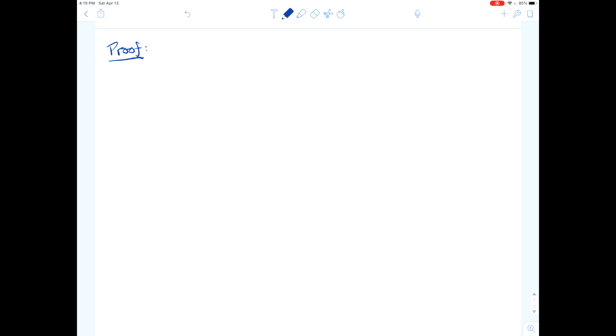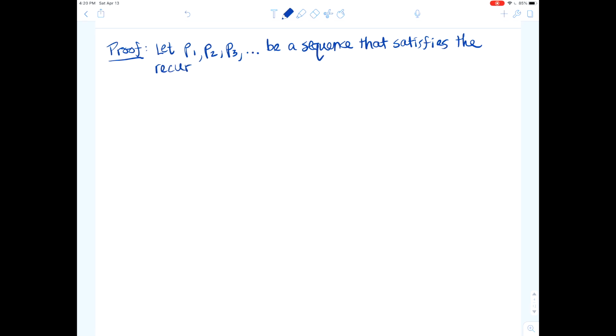First, we have to define everything. All right, so we're going to let P sub 1, P sub 2, P sub 3, ... be a sequence that satisfies the recurrence relation that we started with. And what was that?